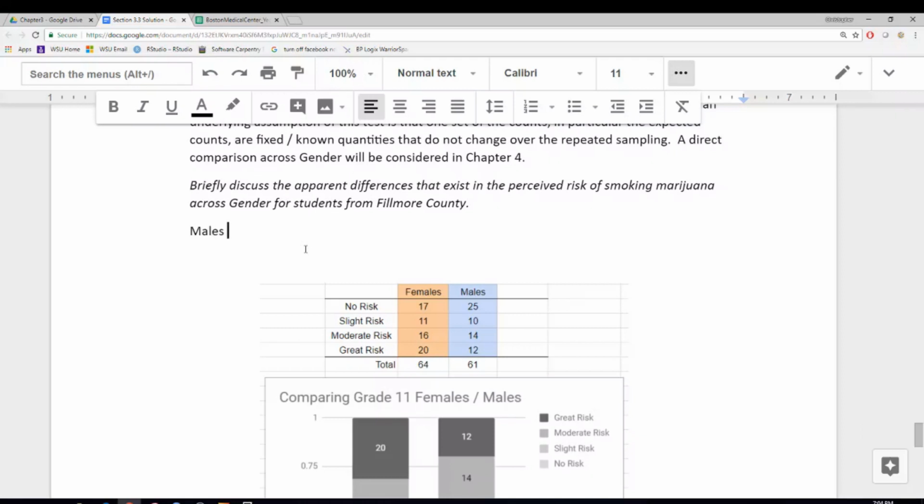So the males have more people, a larger percent, in the no risk group, and a smaller percent and fewer in the great risk group.